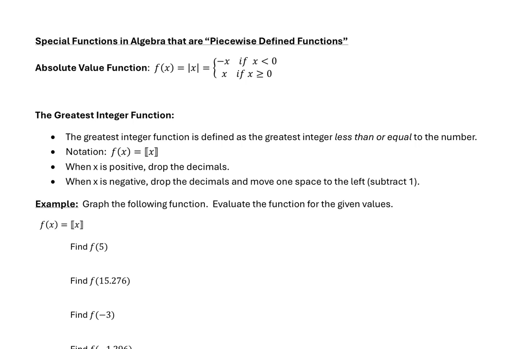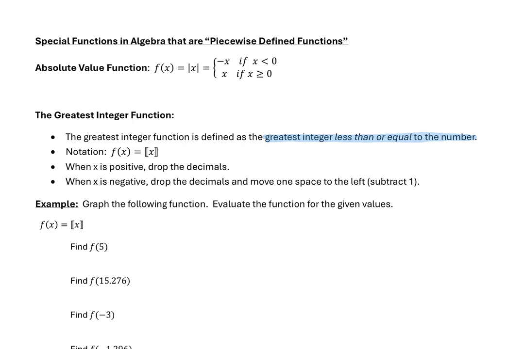And so the greatest integer function is defined as the greatest integer less than or equal to the number. Some people also refer to this as the floor function. And so basically, we're always rounding down.